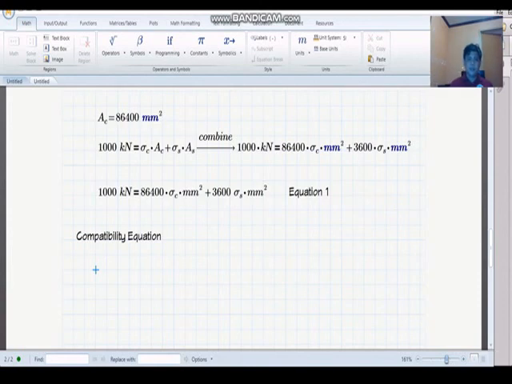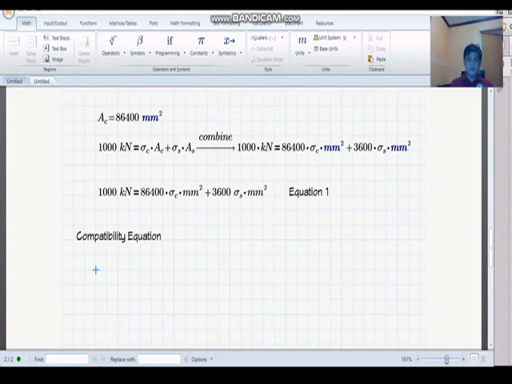We go back to the problem, and what you can see is there is a bearing plate on top of the post. The purpose of that bearing plate is to make sure that the 1000 kilonewton force is evenly distributed between the two materials, that is, the concrete and the steel.